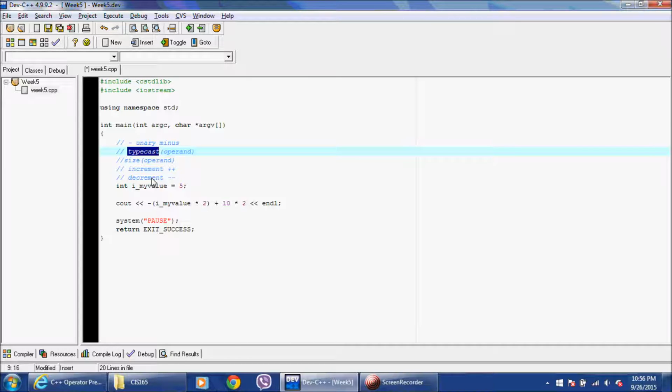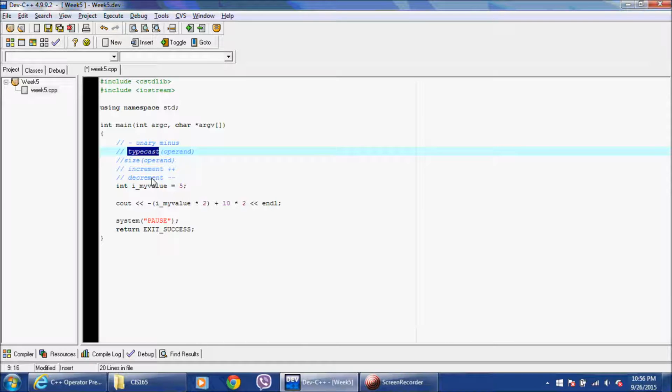There's implicit casting and there's explicit casting. Implicit casting is done automatically by the compiler. Explicit casting is done by the programmer, or it's programmed. When I explicitly cast a variable, that means I am using the typecast operator in my expression.